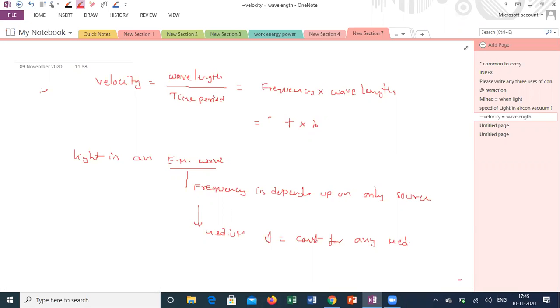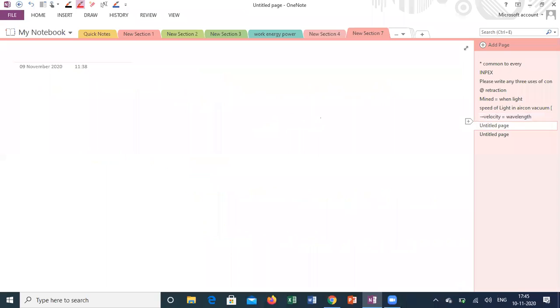So first, the order of learning in the textbook: refractive index of a medium is sin i by sin r, and speed of light in vacuum or air divided by speed of light in medium, that is frequency times wavelength in vacuum divided by frequency times wavelength in medium.